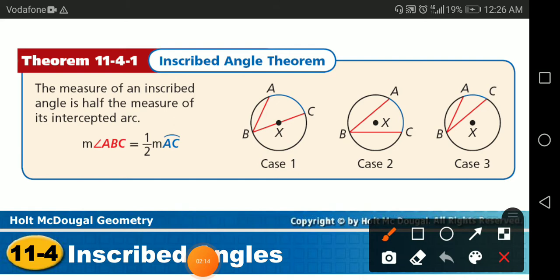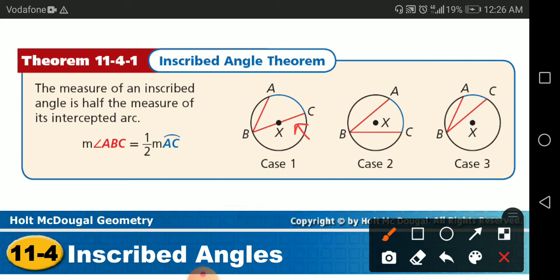What about the second case? You got here case 2. As you see here, side BC is the diameter of the circle, because this side passes through the center of the circle.